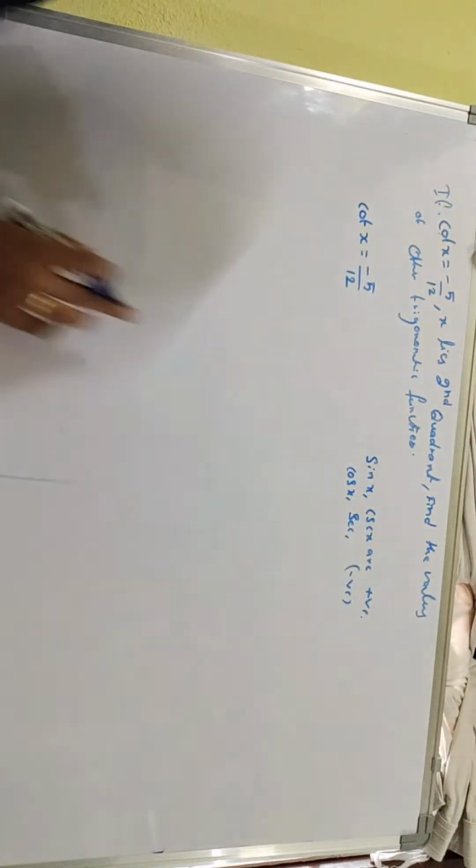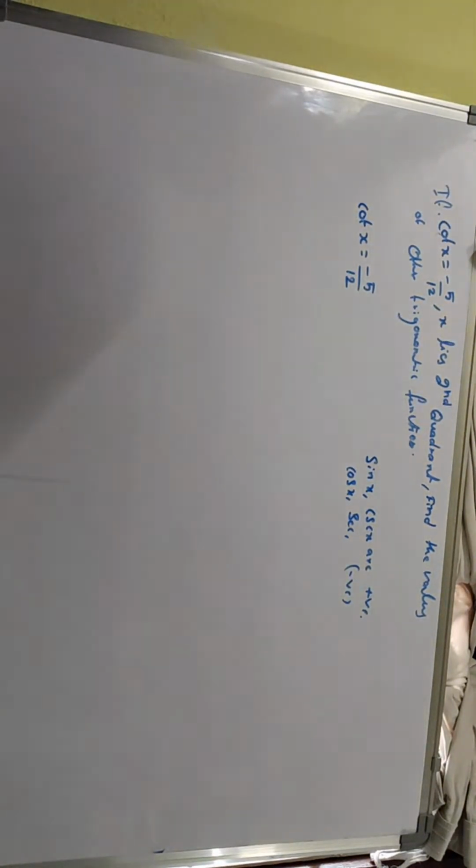The given function is cot x equal to minus 5 by 12, and x lies in the second quadrant.